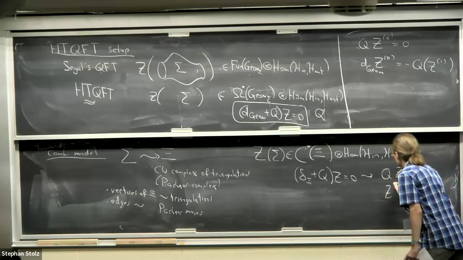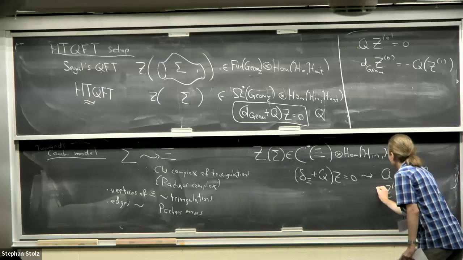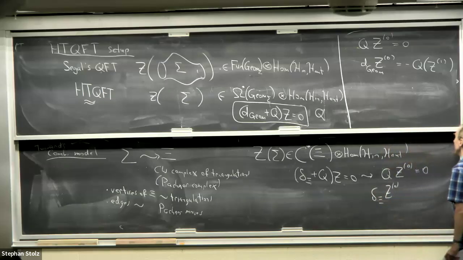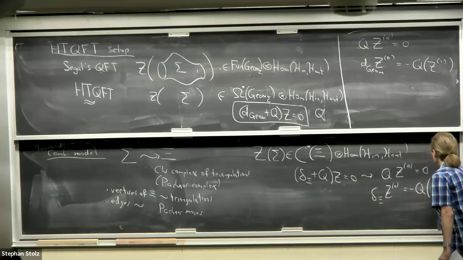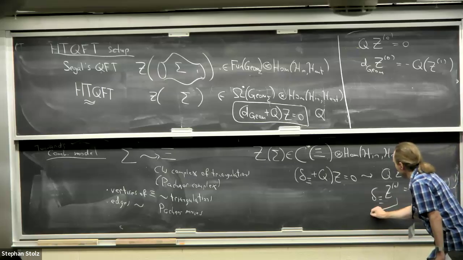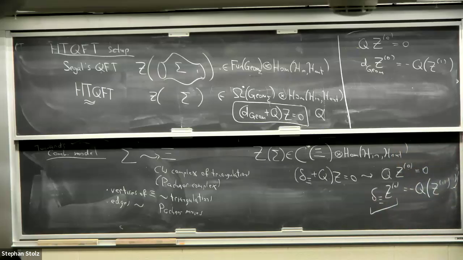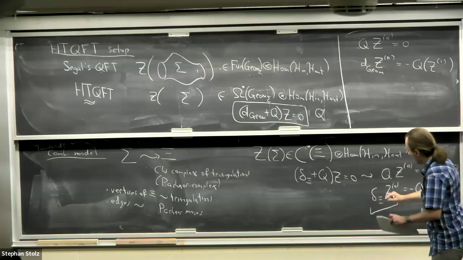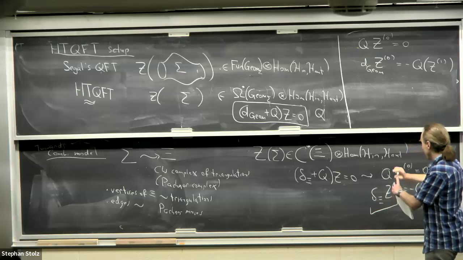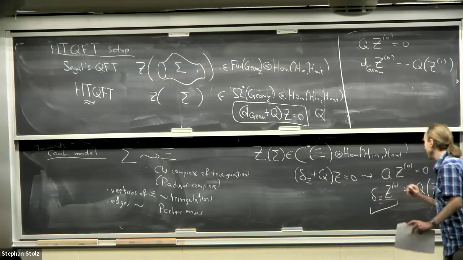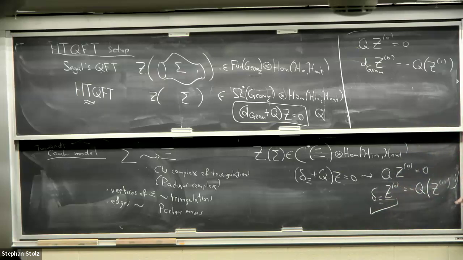And the next equation tells me that if I consider the cellular coboundary of that, it is Q exact. What does that mean? That is something that lives on edges, on one-cells of psi, and edges correspond to Pachner moves. So it exactly tells me that when I perform a Pachner move, then Z changes by a Q exact term, and Z1 records the homotopy for that.